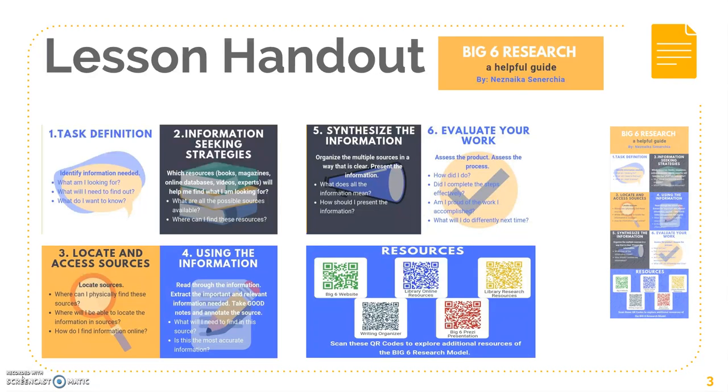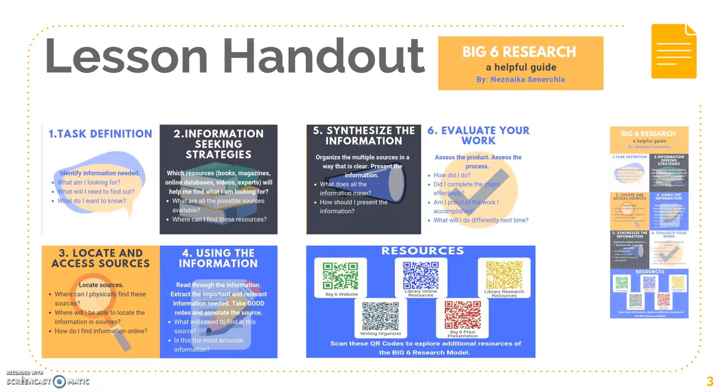And we also have our resources page. And this resources page has the Big Six website. It also has our library research resources that helps break it down. Our library online resources, where you will be able to access different databases such as PebbleGo or Britannica.